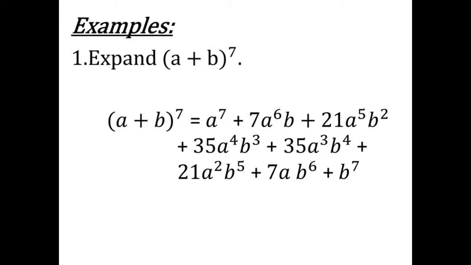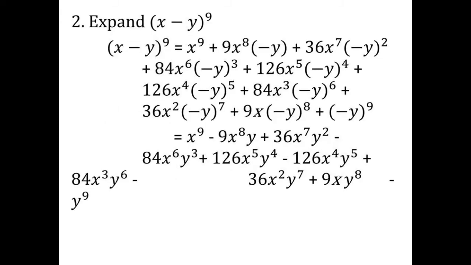You have observed that the exponents of a decrease and b increase, and the coefficients, as you can see, are seen in the figure. Let's have another example by using the minus sign.